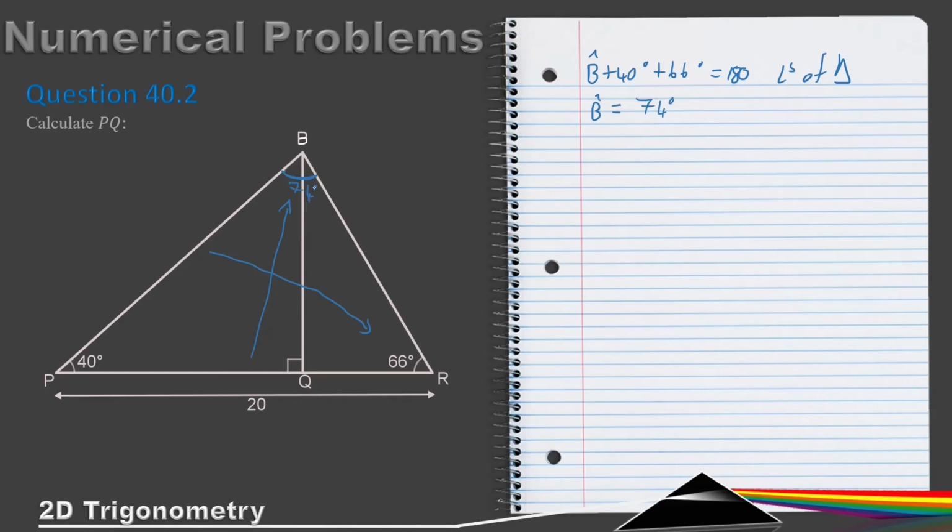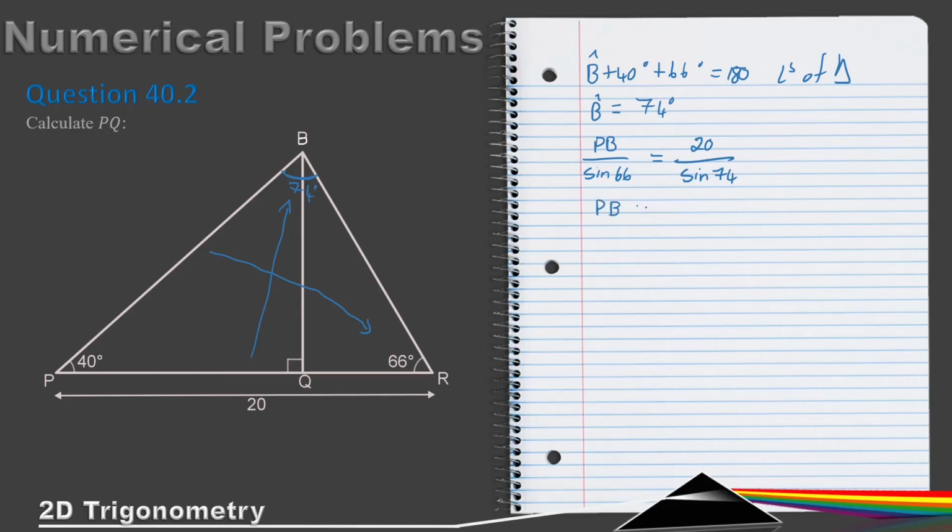Okay, now using the sine rule, we have PB over sine of 66 is equal to 20 over sine of 74. Okay, and solving for that's pretty basic.